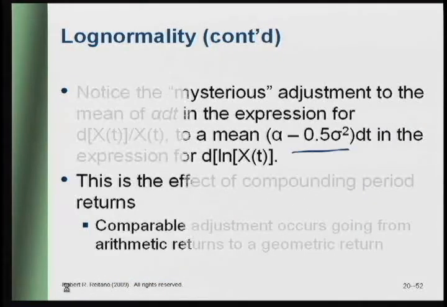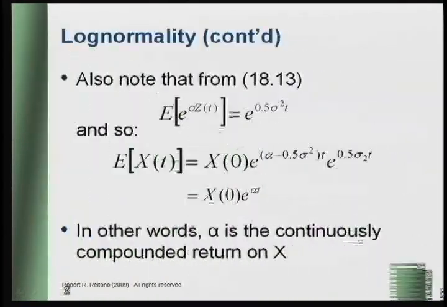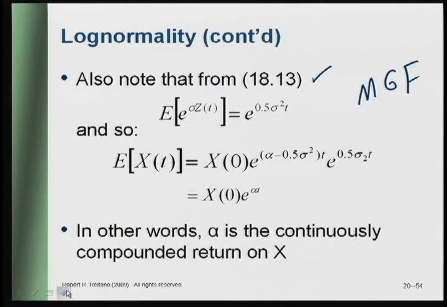And that's what that moment generating function formula allows us to do, that the expected value of x at time t is the initial value. This exponential is just a constant, so it factors out, and then we use that result for the z term.